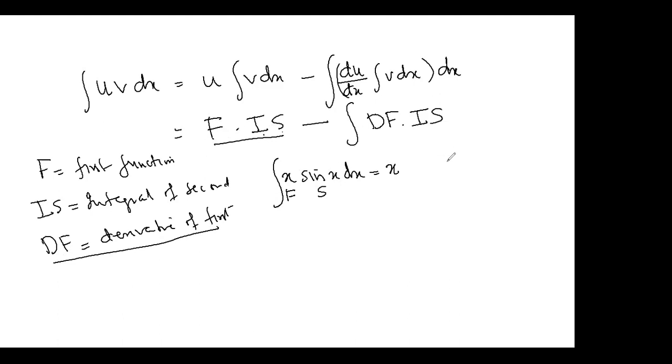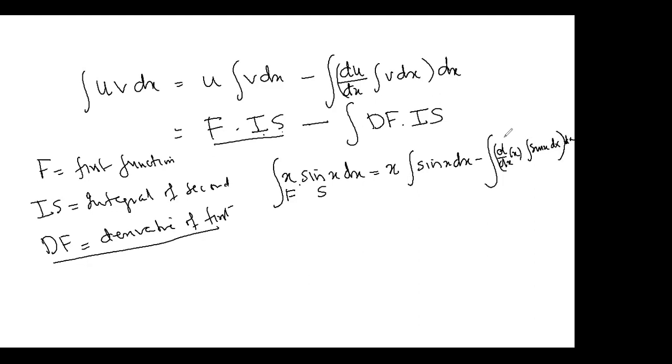Integral of second, second is sin x, so integral sin x dx, minus integral of the product of two terms. What are the two terms? Derivative of the first, integral of second, whole into dx.